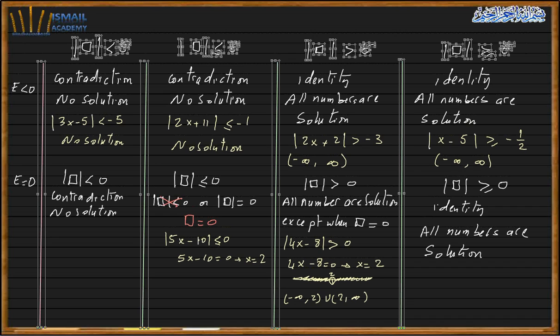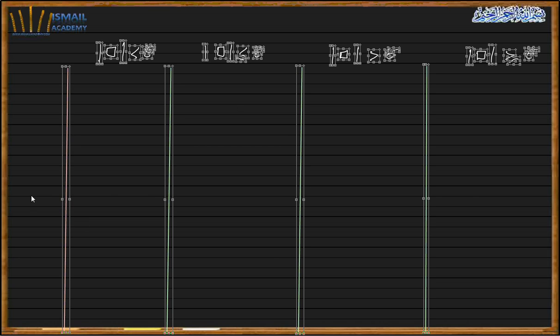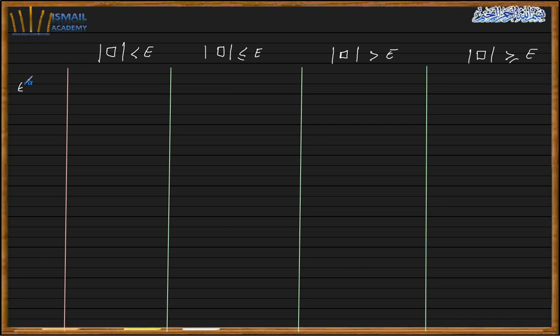For the third case, we have when e is greater than 0. In that case, we already know if e is greater than 0, that means what do we have? We have the absolute value between e and greater than minus e.